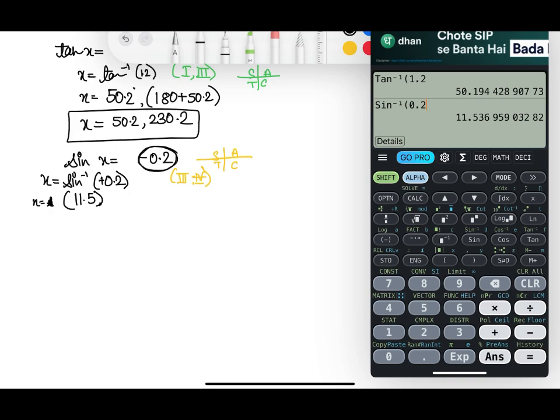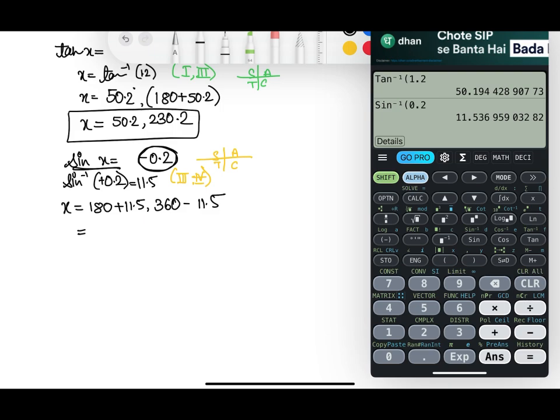So the reference value is 11.5. As it's a negative number, we are supposed to use 180 and 360. So x will be 180 plus 11.5 and 360 minus 11.5. I hope it's clear, because it's a negative.